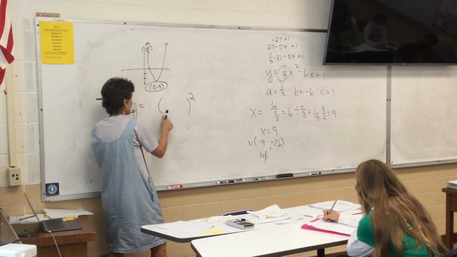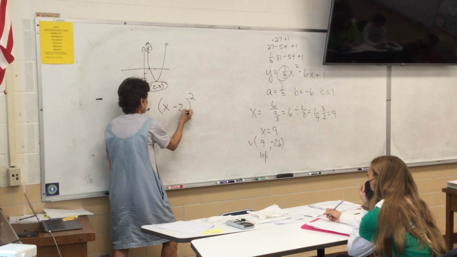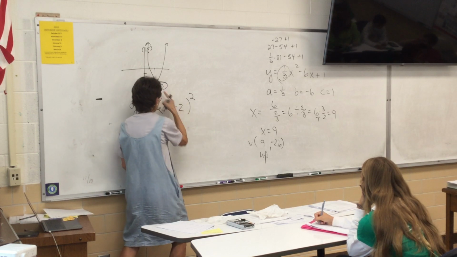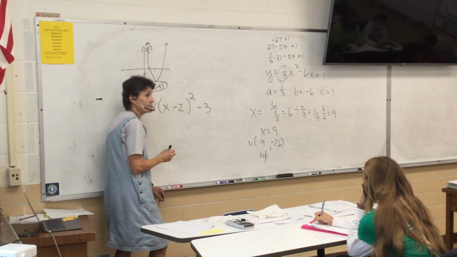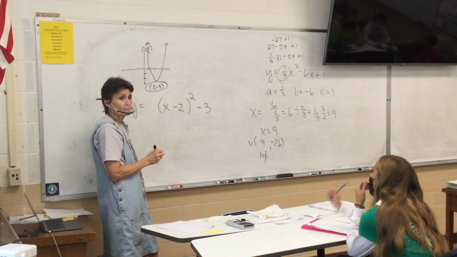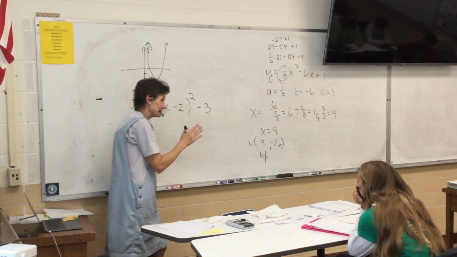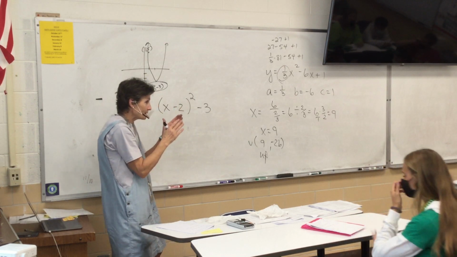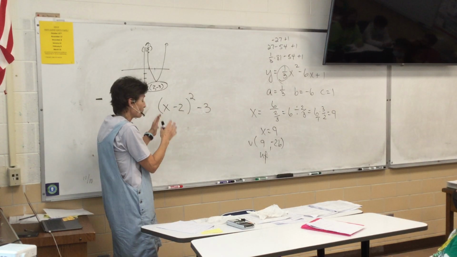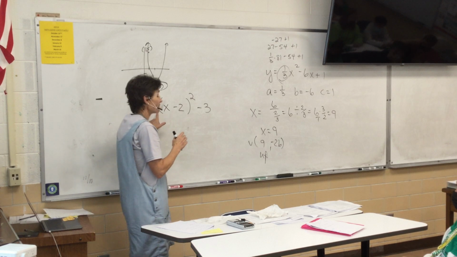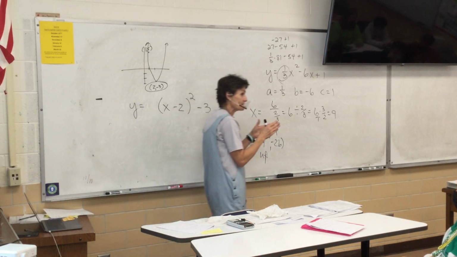If that's the vertex, x minus 2, and then what will be on the end? Actually, -3, down 3. Now, why am I not done? What is wrong with this equation? This is a beautiful equation. There's nothing in front. And why does there need to be something in front?